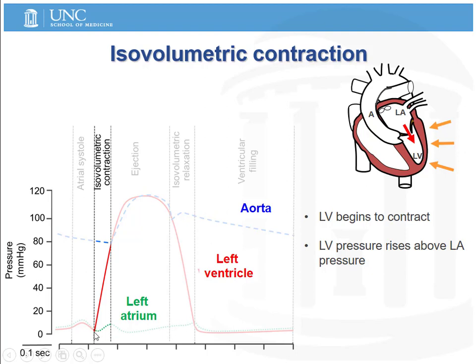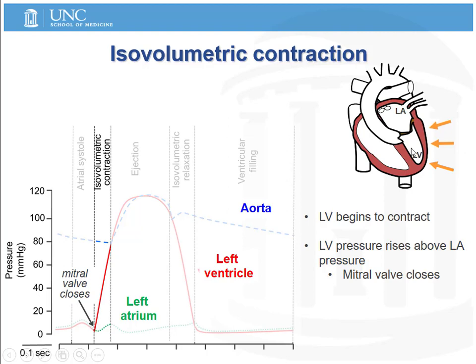And when the pressure in the ventricle exceeds the pressure in the atrium, the mitral valve closes. This leads to the period of isovolumetric contraction, where the ventricle is contracting against closed mitral and aortic valves. So since no blood is flowing in or out of the ventricle, the volume of blood in the ventricle remains constant.